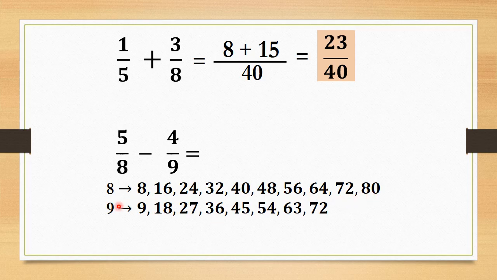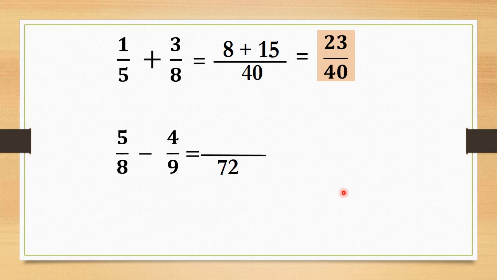For 9, multiples of 9: 9, 18, 27, 36, 45, 54, 63, and 72. So the least common multiple of 8 and 9 is 72. Therefore, our LCD is 72.